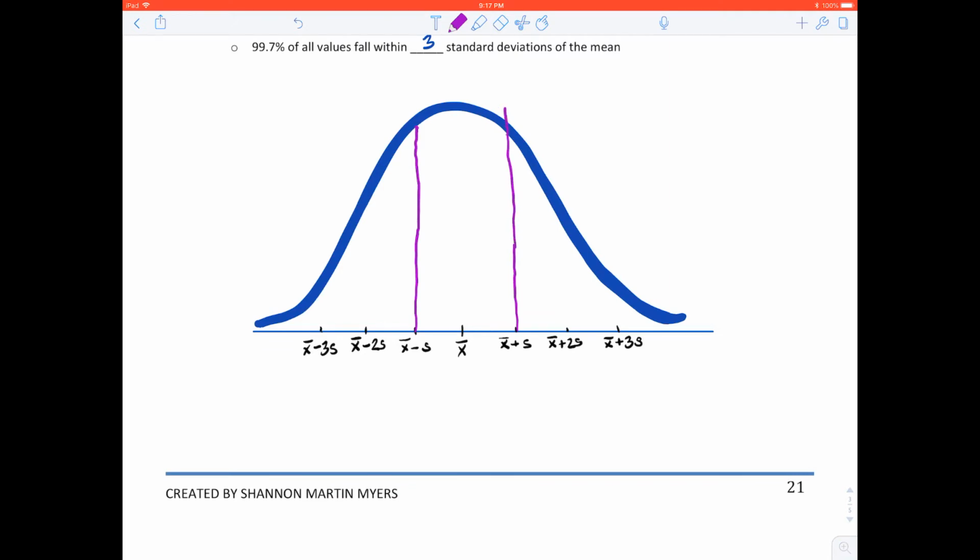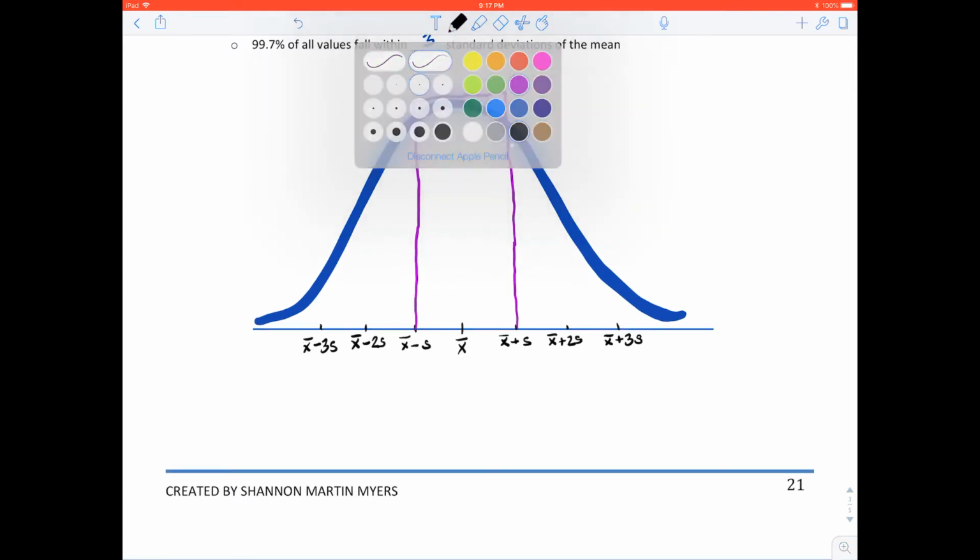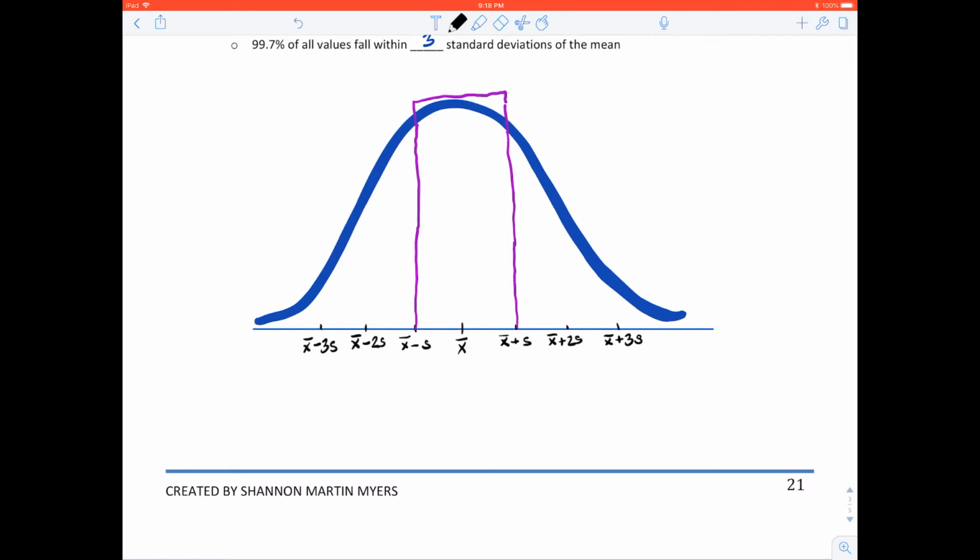Okay. And so what that rule is saying is that, and remember we have symmetry here, 68% of our data values fall within 1 standard deviation of the mean.